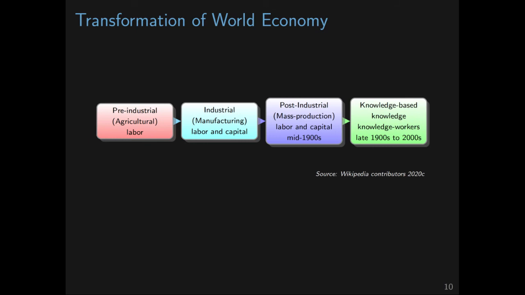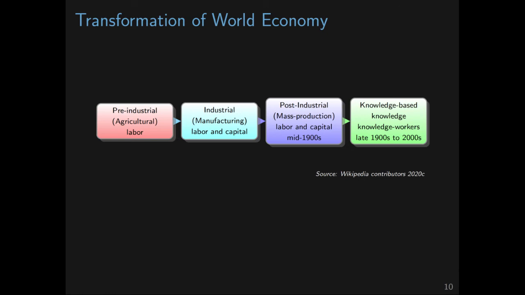Later, in the middle 1900s, the industrial economy gave way to the post-industrial economy, where goods were mass produced. But even in the transition to this new economy, labor and capital were still important inputs.